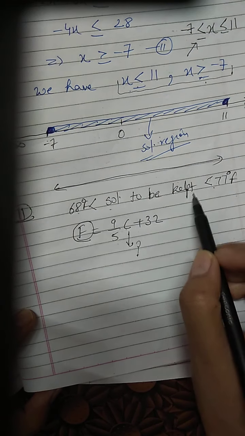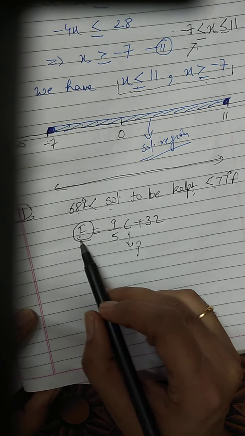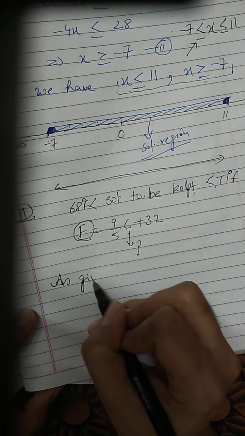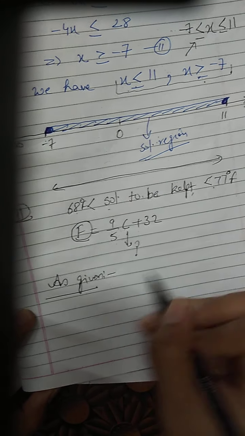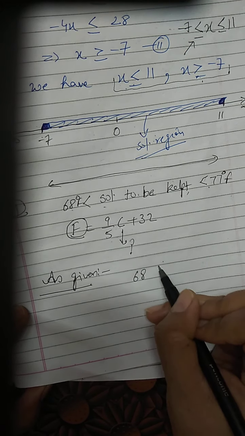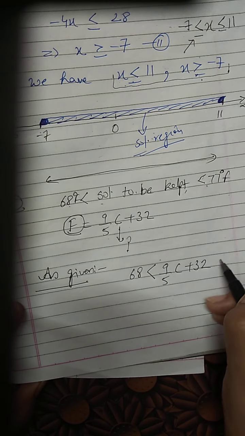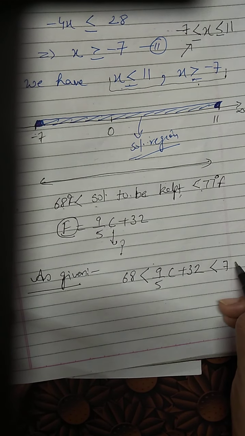So this thing is given. So we will just substitute the value here. So we will write down as given: 68 less than 9 by 5 C plus 32 less than 77.